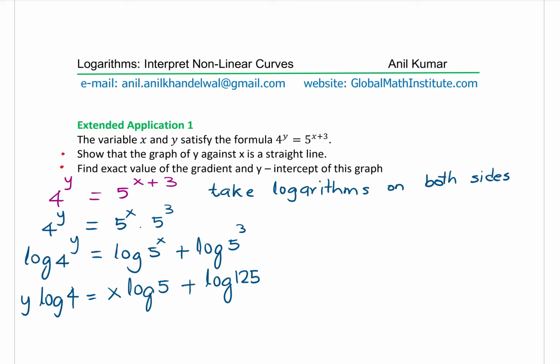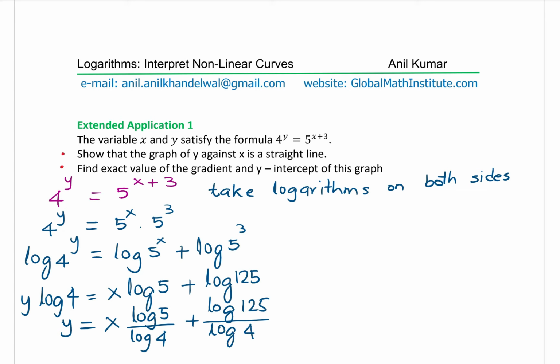From here, you can write y equals x times log of 5 divided by log of 4, plus log 125 divided by log of 4.